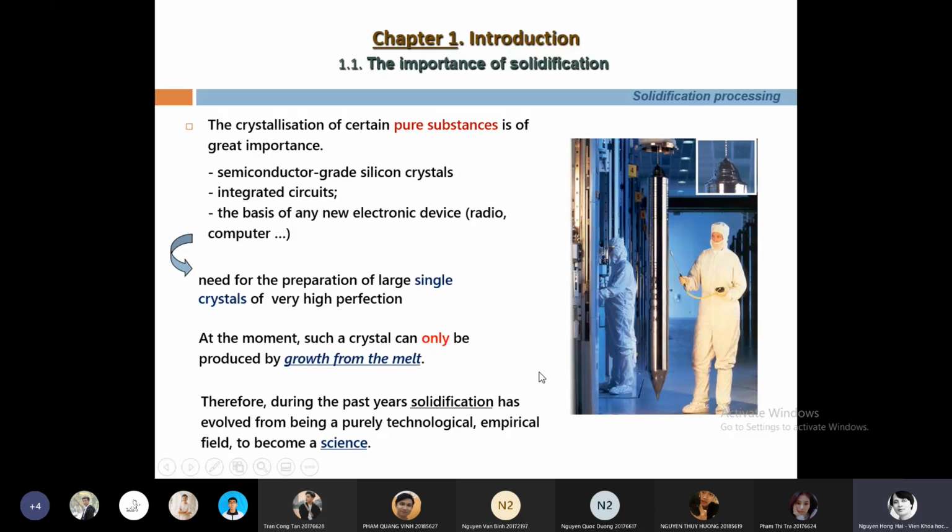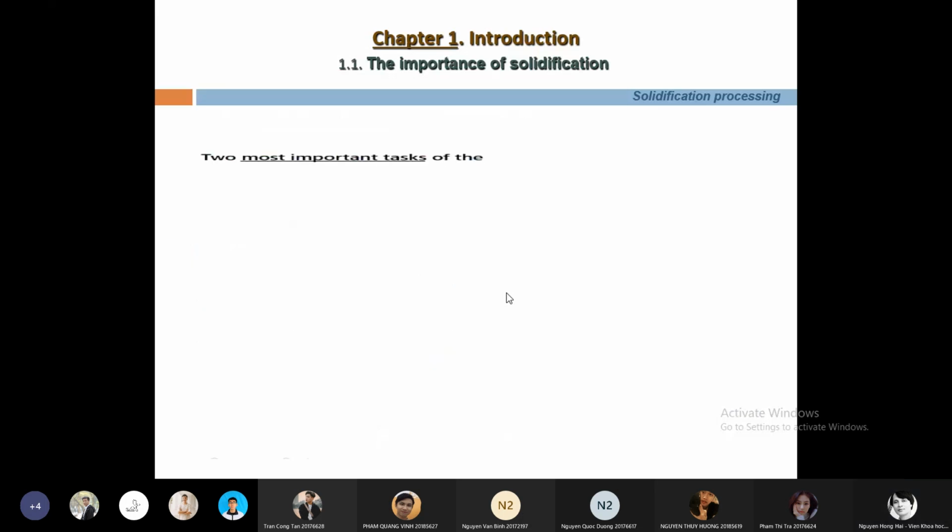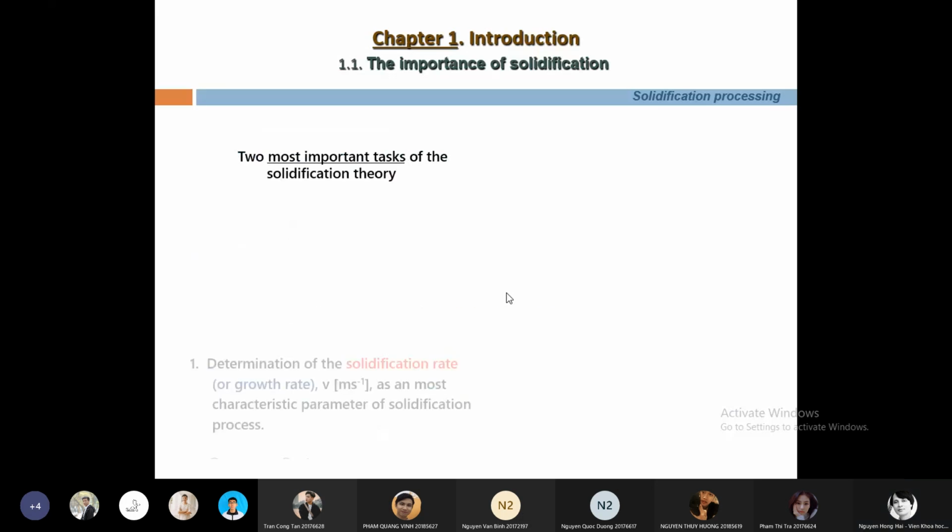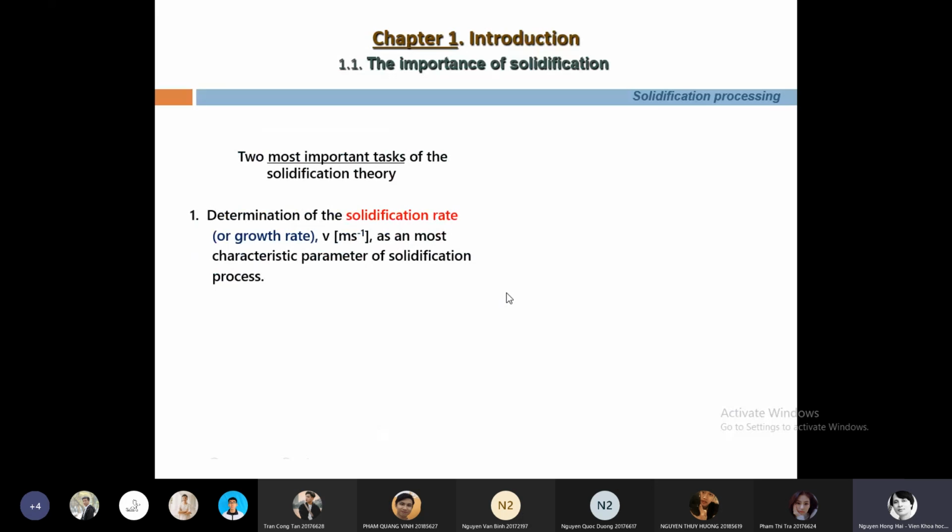So we will need to learn and study the solidification theory. The two most important tasks of the solidification theory: first one, determination of the solidification rate.